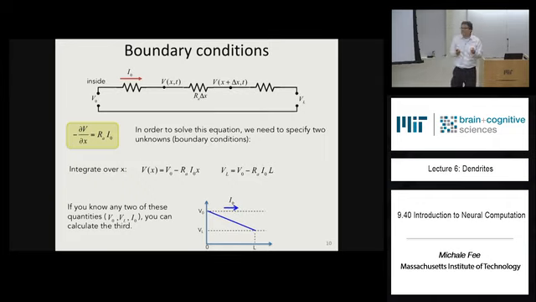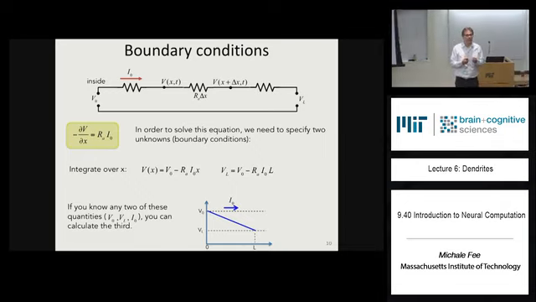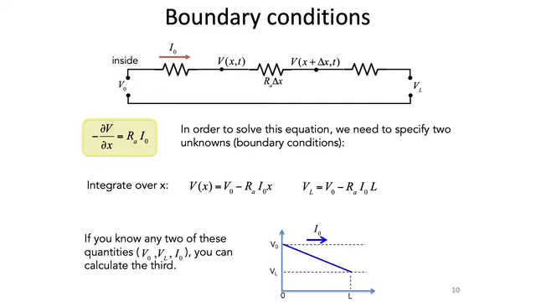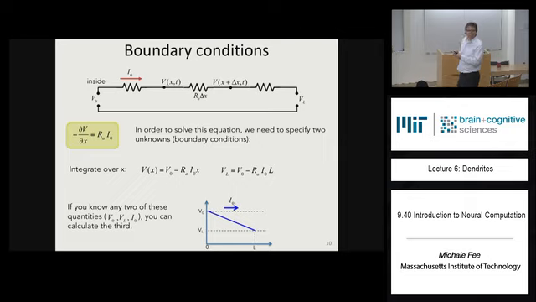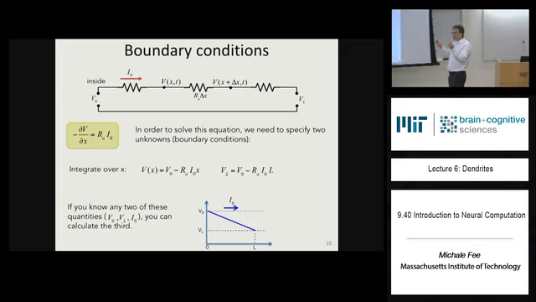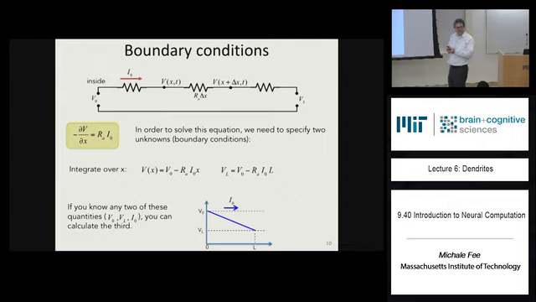Okay. That is the concept of boundary conditions. You can write down the voltages or the currents at some positions on the dendrite and figure out the total solution to the voltage as a function of position. Does that make sense?